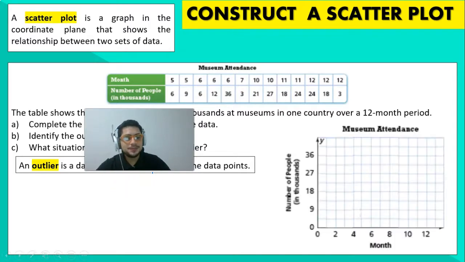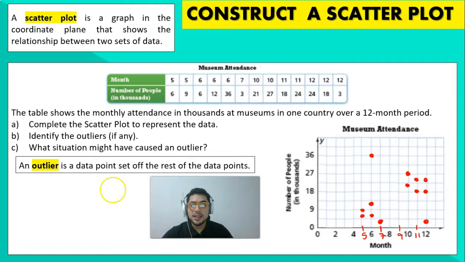Okay, so now we have the table, and the first thing we're going to do is label our x-axis and our y-axis, and then we're going to see the points, right? For 5, 7, 9, and 11, we're going to see 2 points on 5, 1 on 6, 1 on 7, 2 on 10, and 3 points on 12.